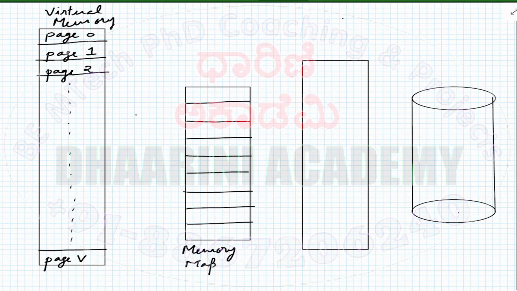This memory map will directly map this into the physical memory. You get arrows like this that will convert the virtual address into a physical address. So this has to be the physical memory.